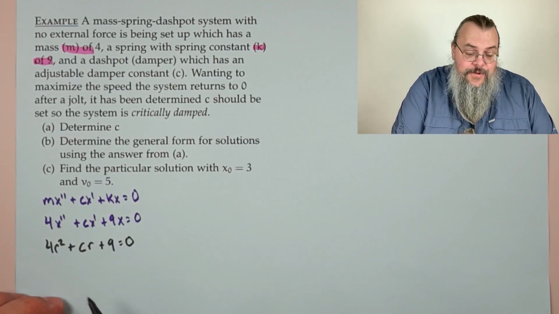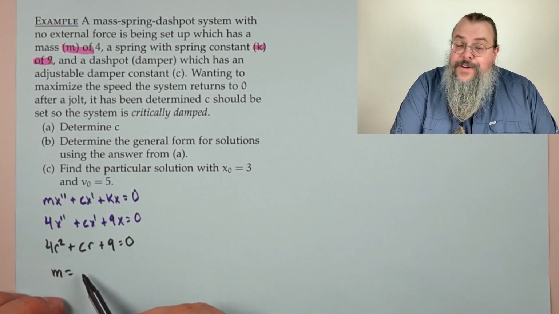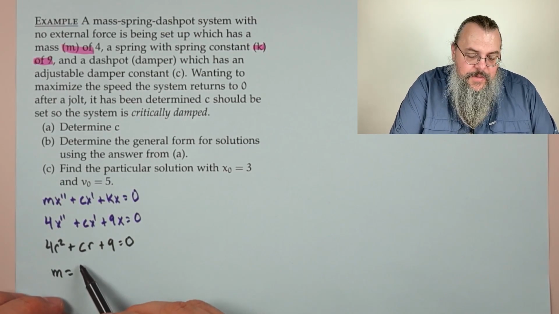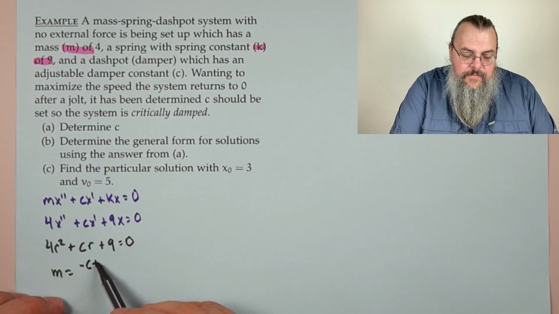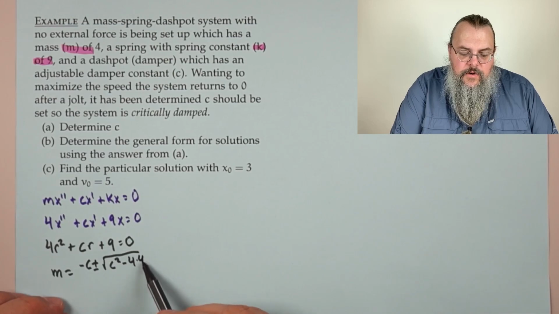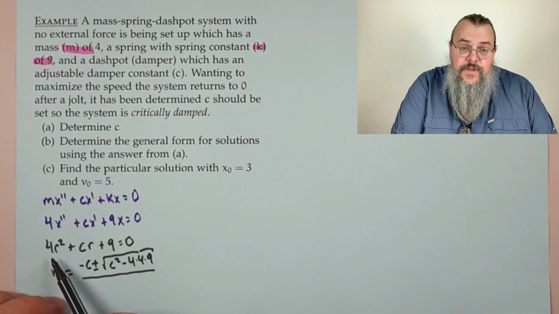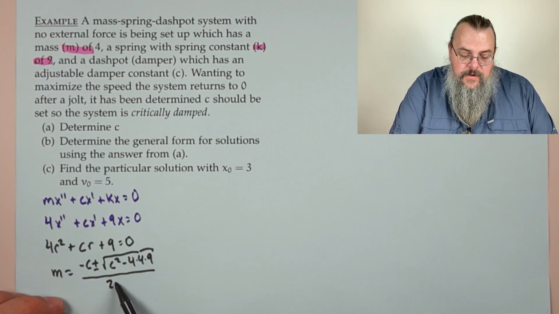Now we find the roots, and we use the quadratic formula because, well, we don't know c, so it's hard to factor when you don't know what the number is, but symbolically we can do that. So negative c plus or minus the square root of c squared minus 4 times 4 times 9, all over 2 times 4. Okay, good.